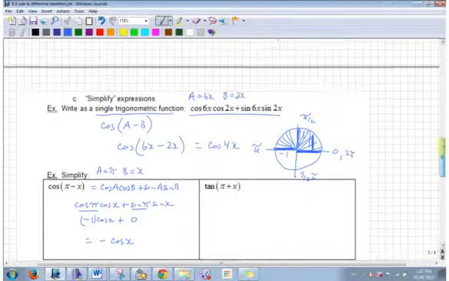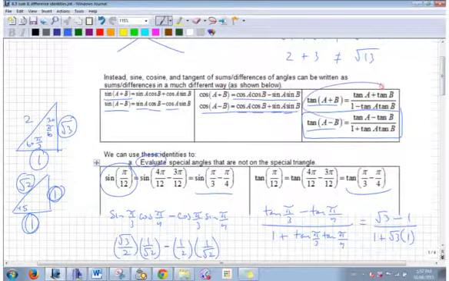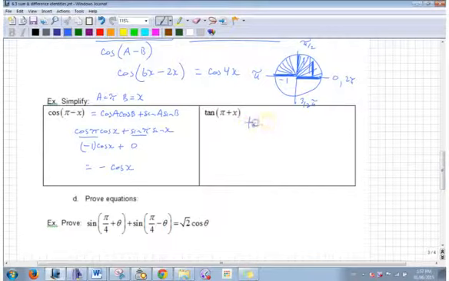Tan of pi plus x is tan A plus tan B over 1 minus tan A tan B. So tan A plus tan B over 1 minus tan A times tan B. What's tangent of pi?